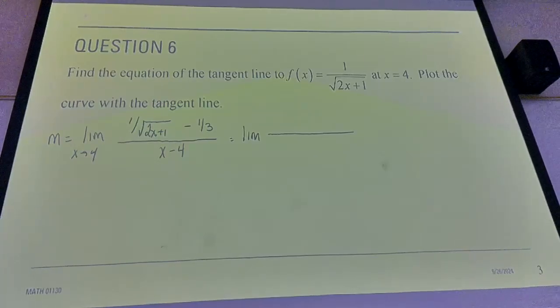Multiply by the LCD. What's the least common denominator? Just that? I agree that's in the LCD.